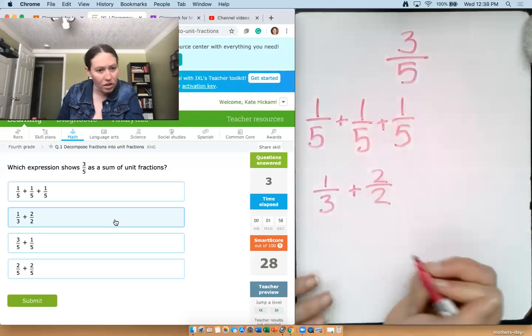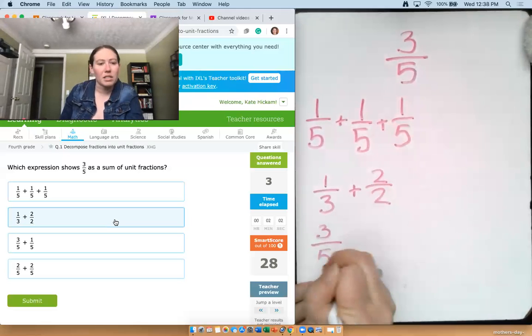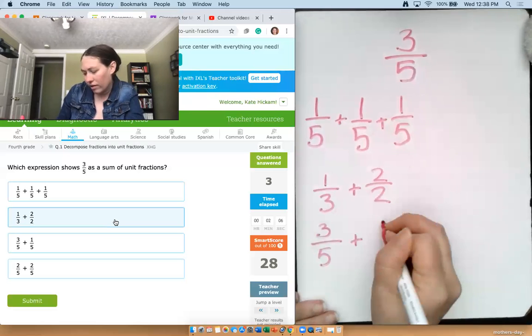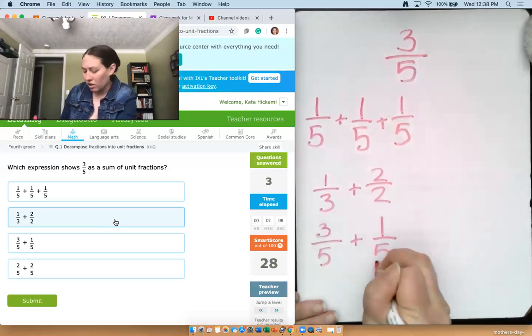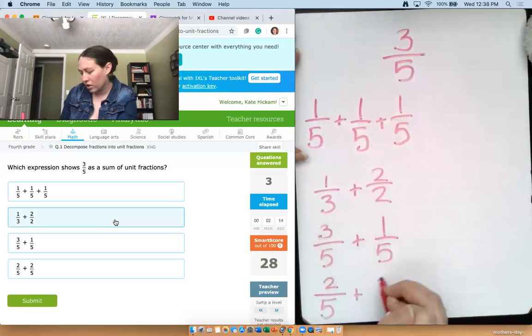Next one is 3/5, ooh, I'm running out of space, plus 1/5. And the next one is 2/5 plus 2/5. So I'm just going to go through and add these up.